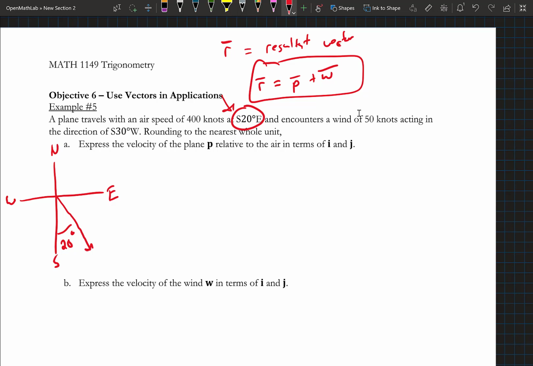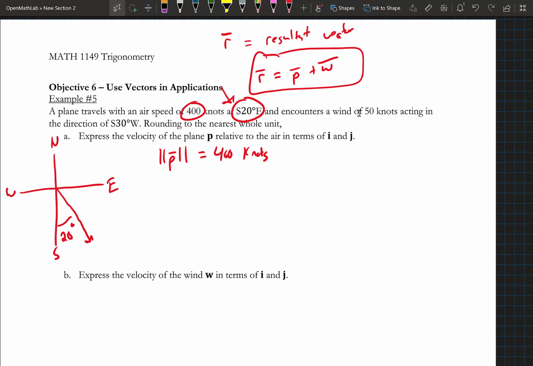So if you want to find the velocity of the plane, we need to find the magnitude of p, and we know that to be 400 knots. And then what we also need to know to get the vector in terms of i and j is theta.